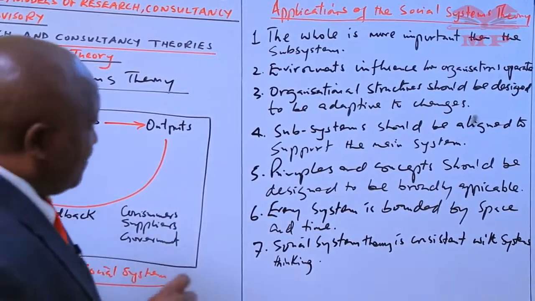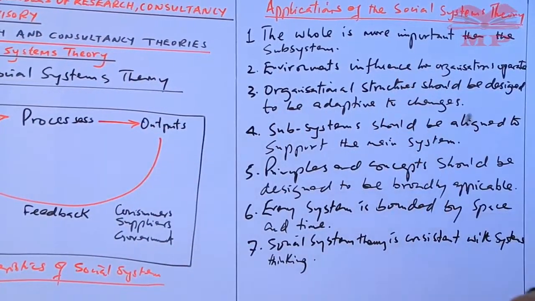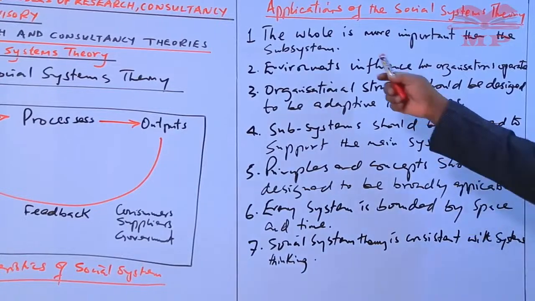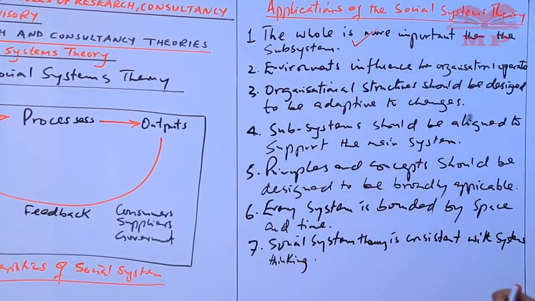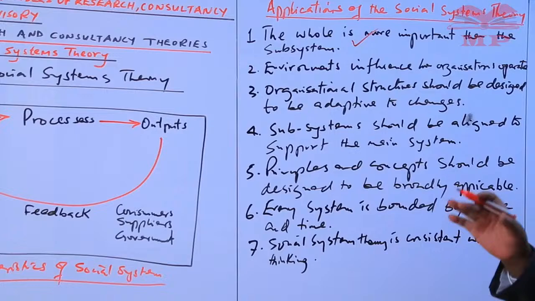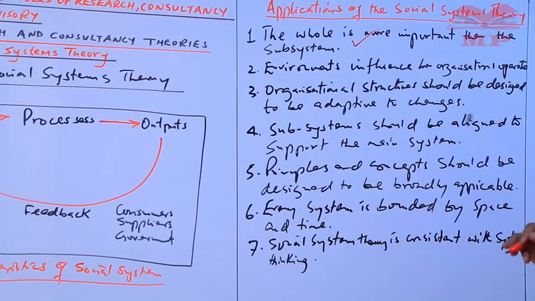We have indicated that number 1, the social system looks at the whole, which indicates that the whole is more important than the subsystem. There will be subsystems within an organization, but when it comes to the degree of importance, the whole should be looked at as more important than the subsystem.